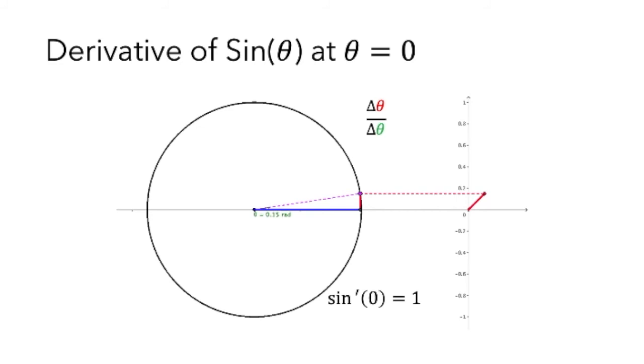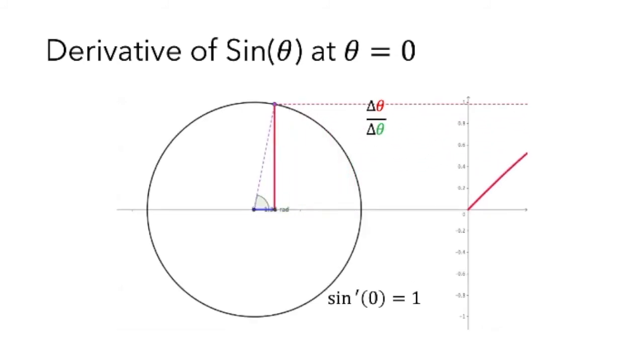Next, let's look at what happens when theta is close to pi over 2 radians. Since theta isn't close to 0, it's no longer the case that sine of theta is approximately the same value as theta. Now, let's look at what happens to the ratio of sine theta to theta as theta gets closer to pi over 2.